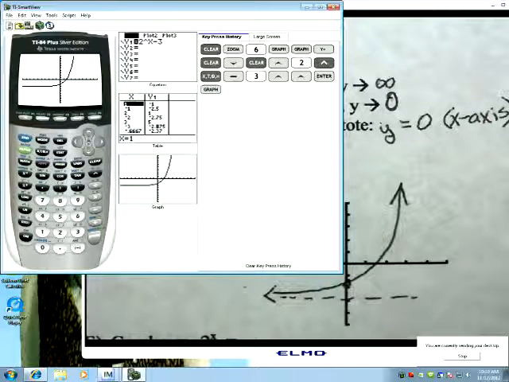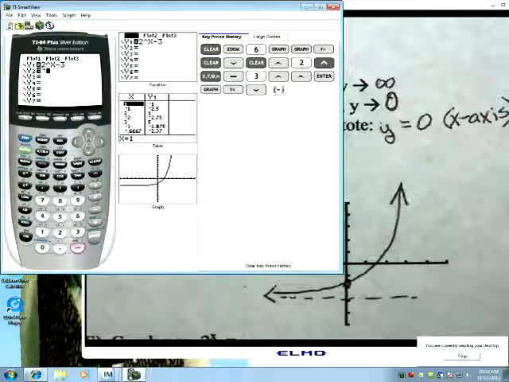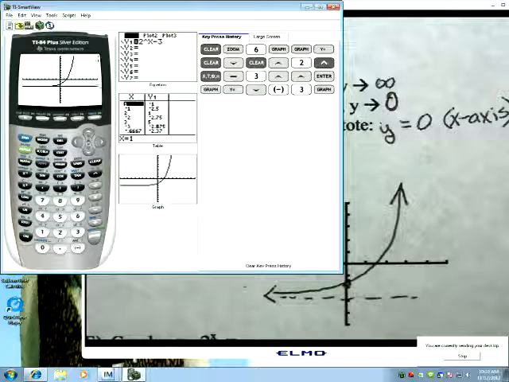That looks better than I thought, but it doesn't really flatline to the left. The graph is approaching a horizontal asymptote, and unless you tell the calculator, hey, the horizontal asymptote is negative 3, the calculator's not going to graph that for you.